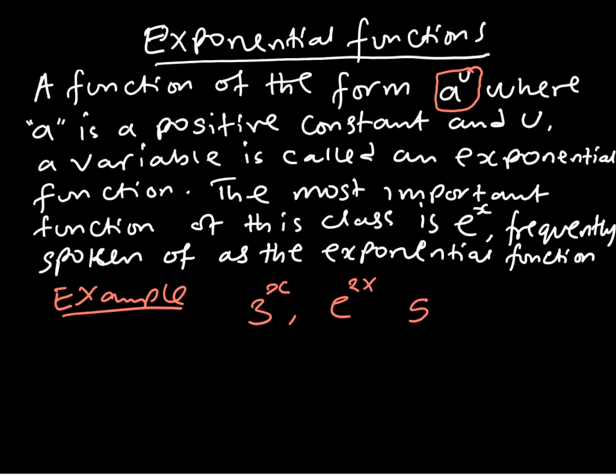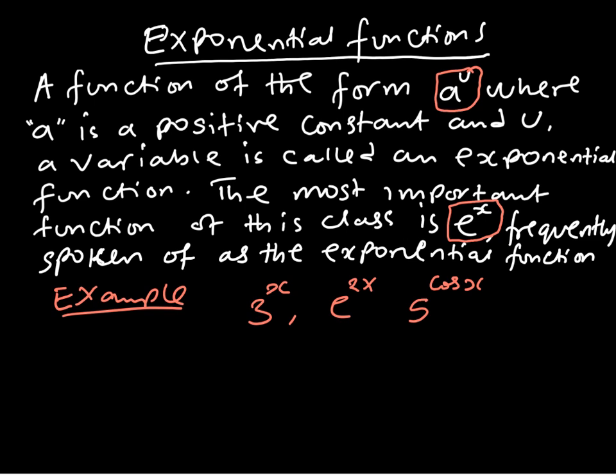If I have 5 to power cos x, all those are exponential functions. But people think that only e to power x is an exponential function. No, that is just one of the exponential functions. It is actually the most important class which people use frequently.